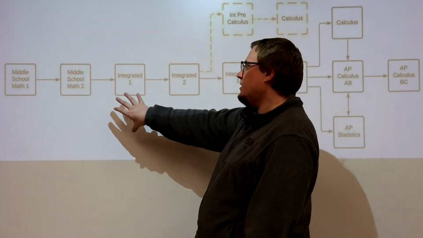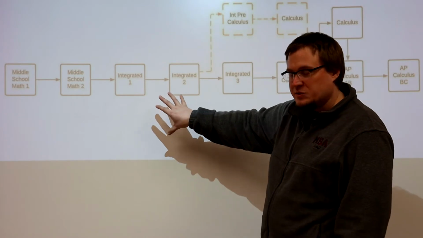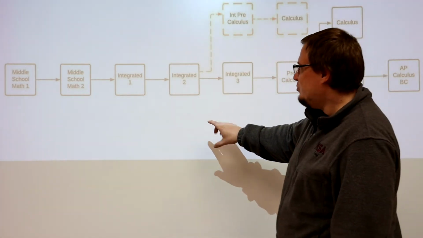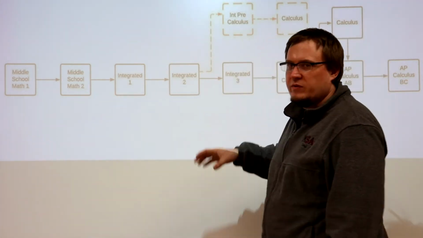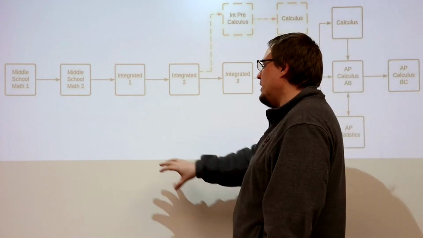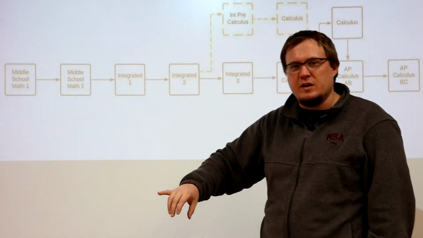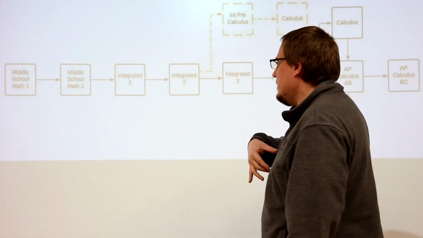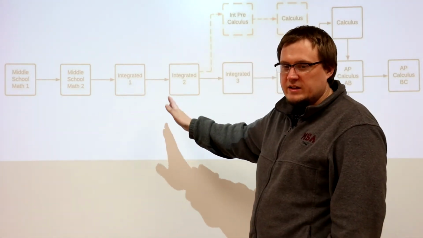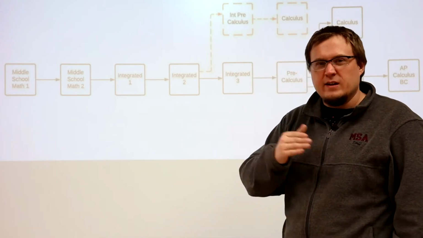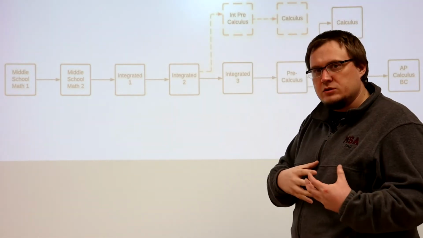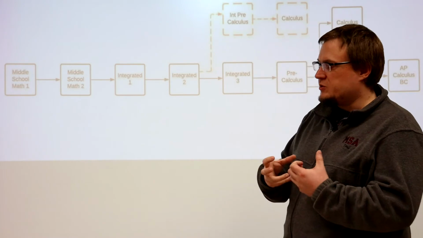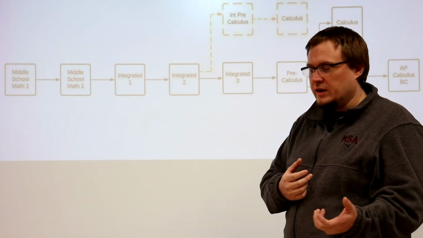Most schools you'll see an algebra 1, a geometry, algebra 2, but we prefer to have that algebra throughout and also mix that geometry into those classes, which is why they're integrated, rather than having algebra then geometry and then algebra again, because it's such a drastic change going from algebra to geometry to algebra again.